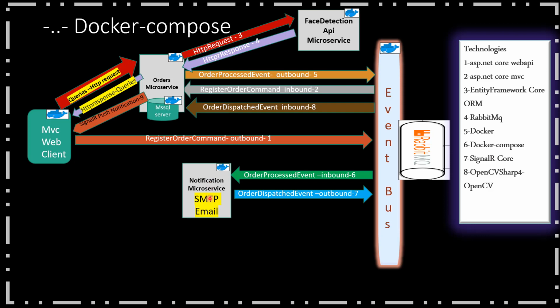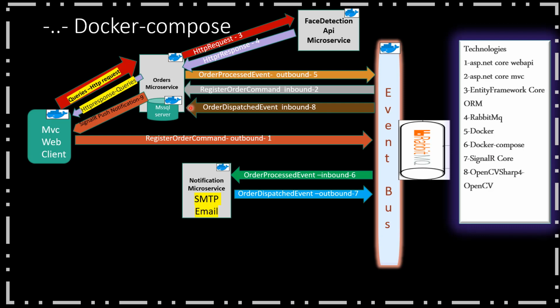Once it dispatches the order to the customer, it emits an event as indicated by the arrow number 7. The event is called order dispatched event. This event is picked up by the orders microservice, and the order status is changed to dispatched.